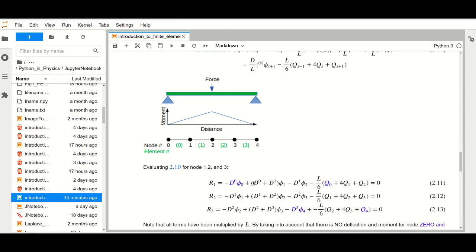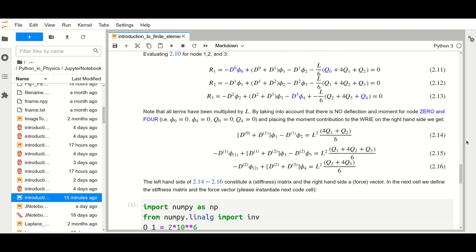These are in color because the deflection here is 0, and these terms in blue are eliminated, they are 0 there. The same happens also for the moment. The moment at nodes 0 and 4 are 0 also. Thus these equations 2.11, 2.12 and 2.13 reduce to 2.14, 2.15 and 2.16 here.